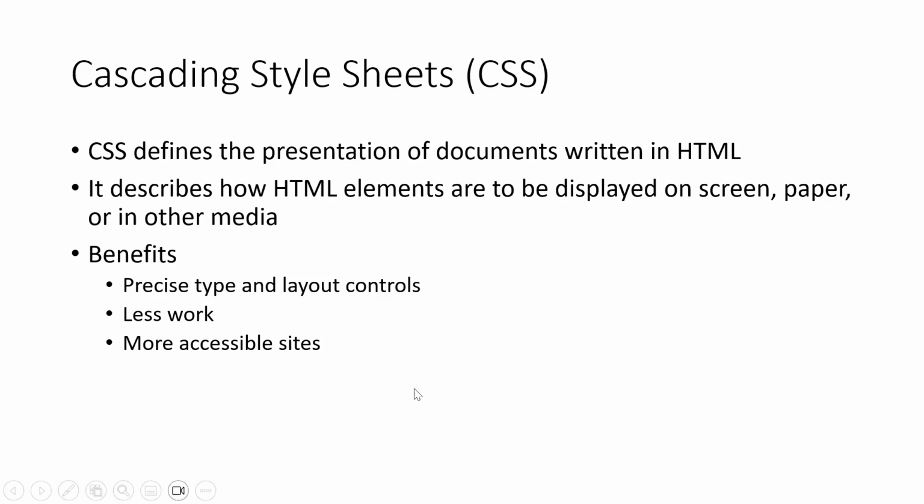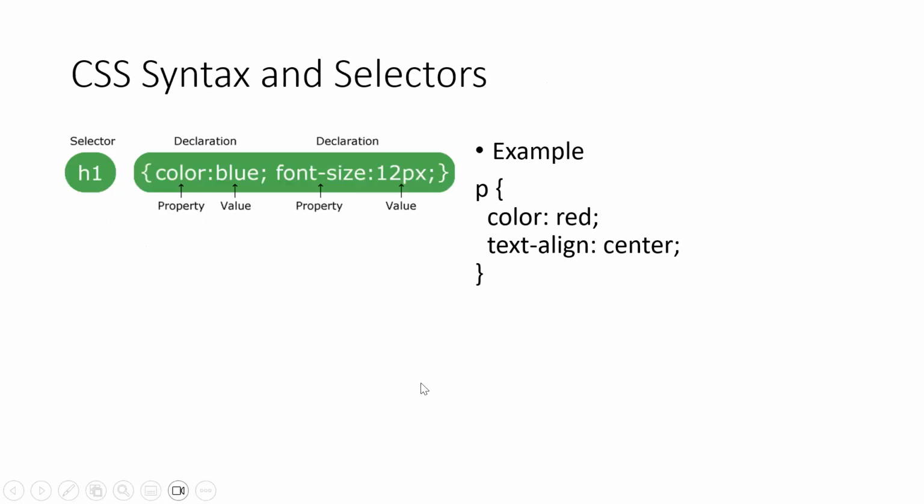Second, you have to write a set of rules, which I will discuss right now. You write the rules for how different HTML elements should look. And we have attribute value pairs, and these attribute value pairs explain how each of these could be changed, right?